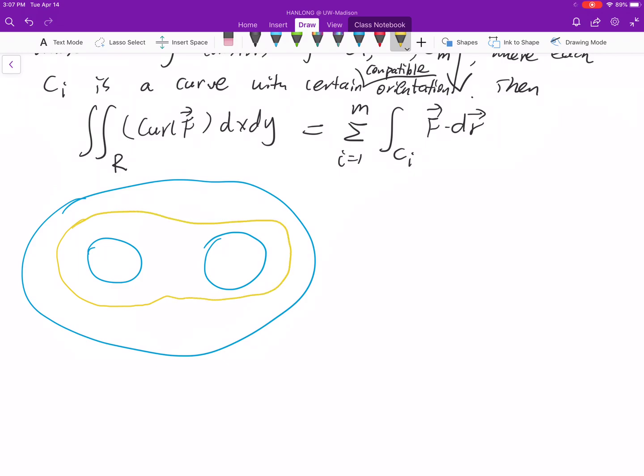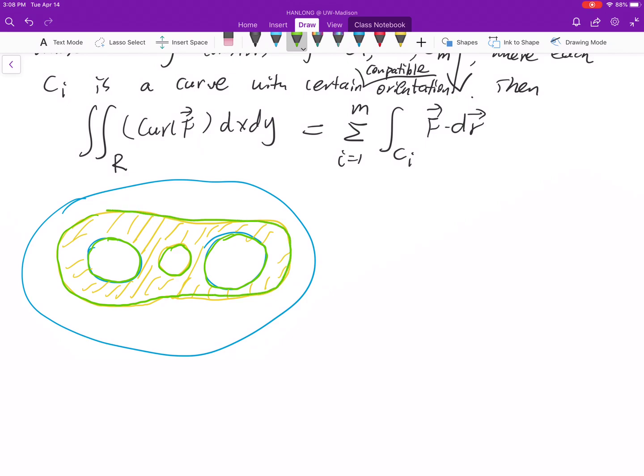For example, you can take this as your R. Then you have four boundaries. So this is one boundary, this is one boundary, this is one boundary, this is one boundary. And then the orientation is given by this.